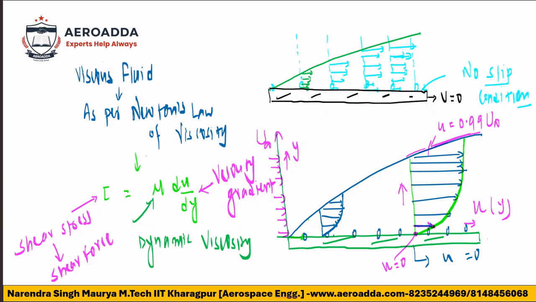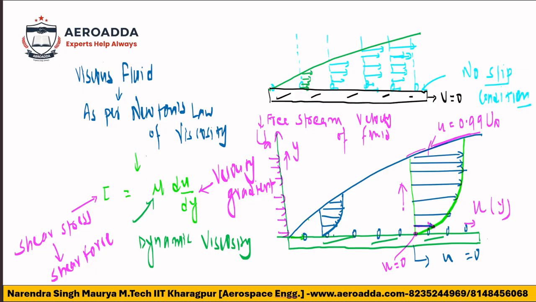For example, suppose U infinity, the free stream velocity of the fluid, is 100 meters per second.